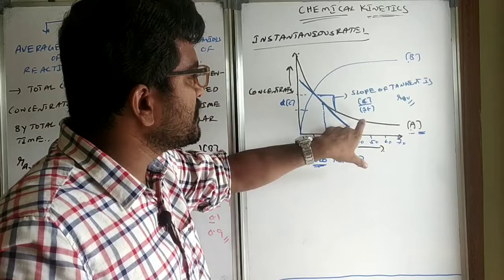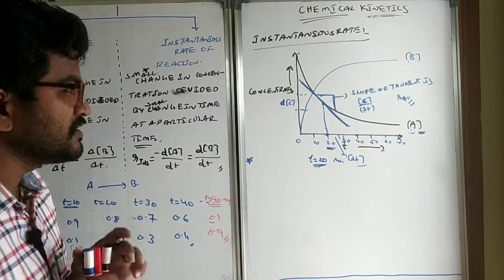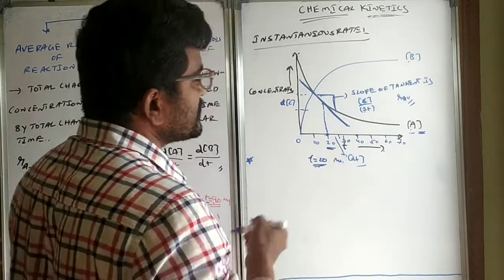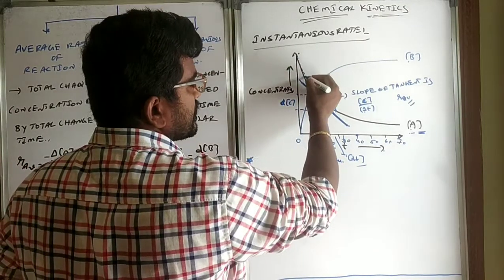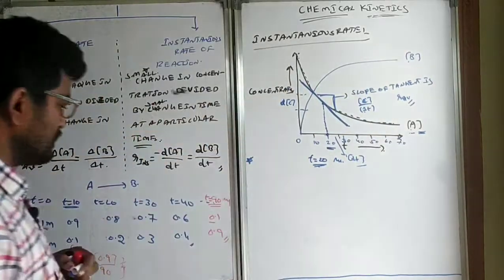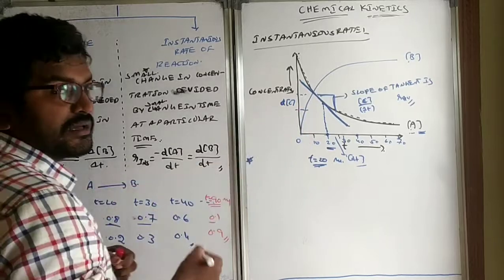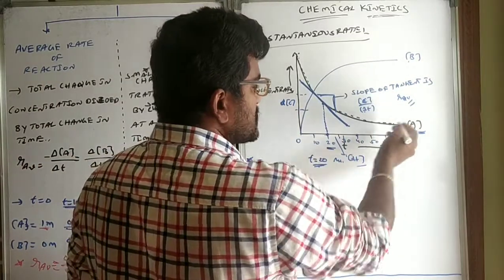In Advanced and Mains examinations, this kind of question is asked very frequently. Here you see it is going exponentially, right? The concentration is changing, but why is it an exponential curve?